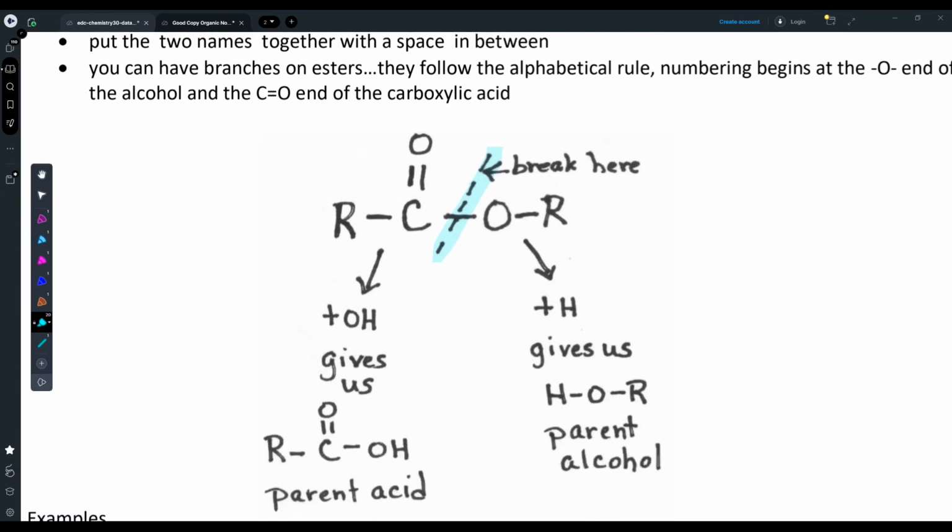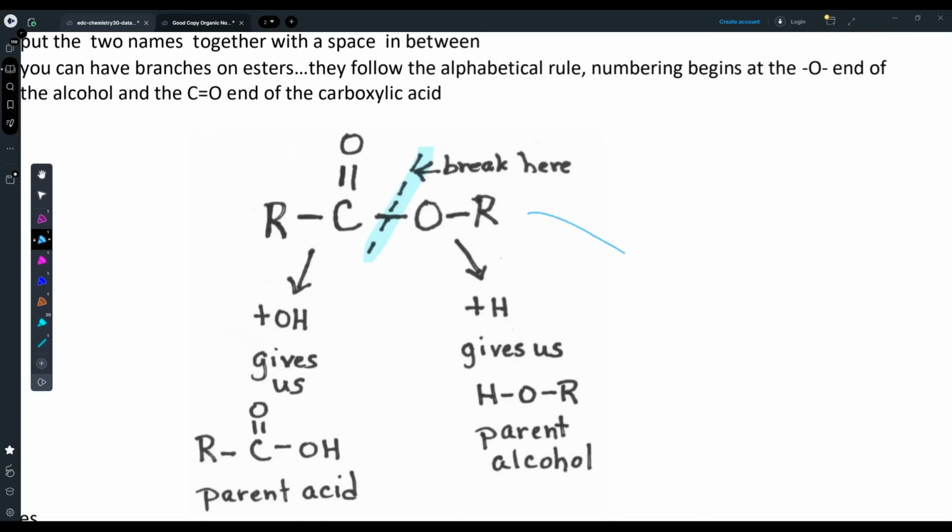The part to the right of the break point is the part that gives you the alcohol you need in your name. The alcohol part comes first in the name for the ester.